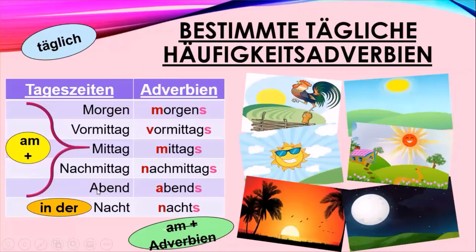Then we have Abend, der Abend, again a masculine noun. The evening, which is from 6 o'clock to 10 o'clock. And last of all, we have die Nacht, which is the night.